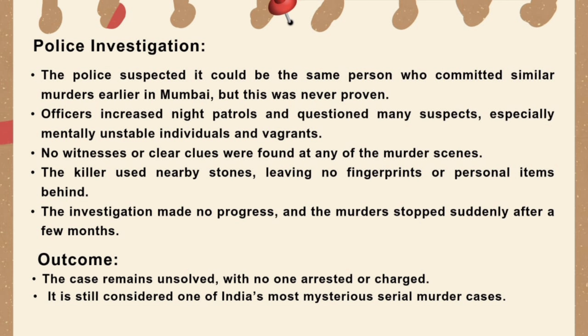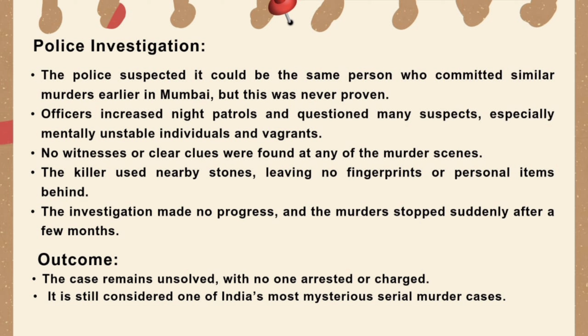Next slide is about the police investigation and the outcomes. During the police investigation, police thought that it could be the same person who committed similar murders earlier in Mumbai, but this was never proven. Officers increased night patrols and questioned many suspects, especially mentally unstable individuals. But no witness or clear clues were found at any of the murder scenes.